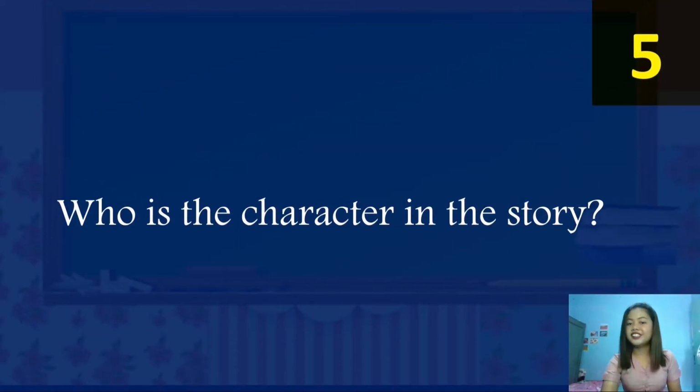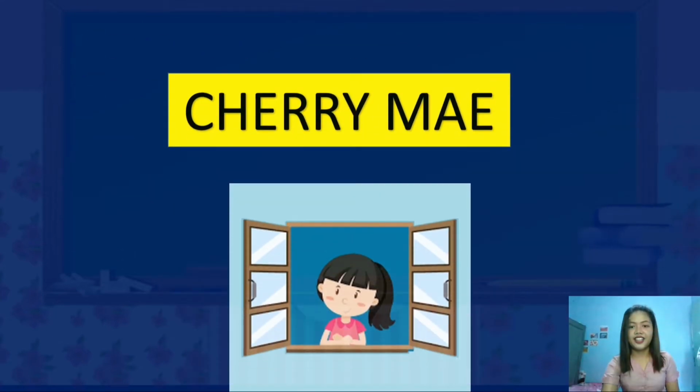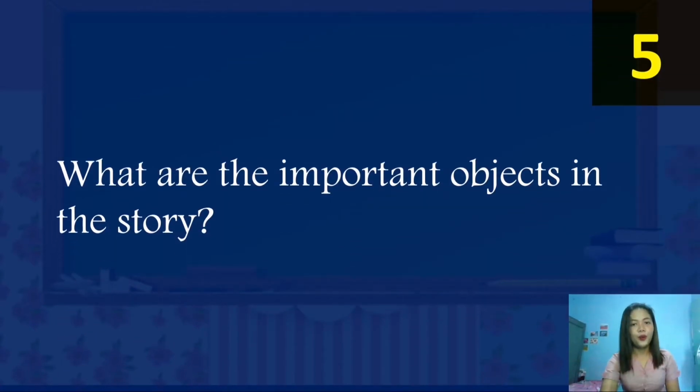So, who is the character in this story? 5 seconds starts now. Time's up. It's Jeremy. Very good. Next question. What are the important objects in this story?